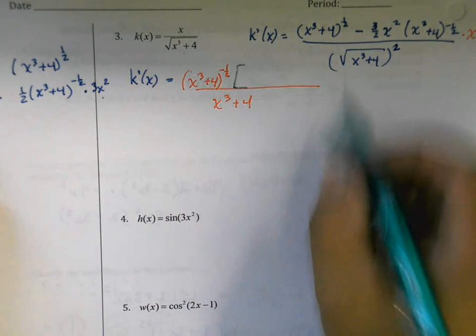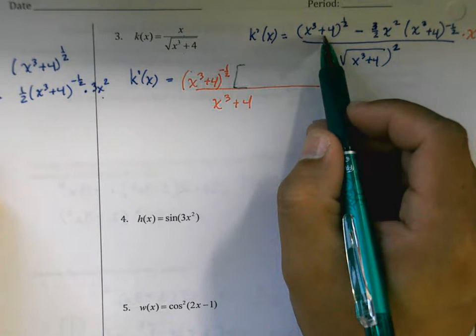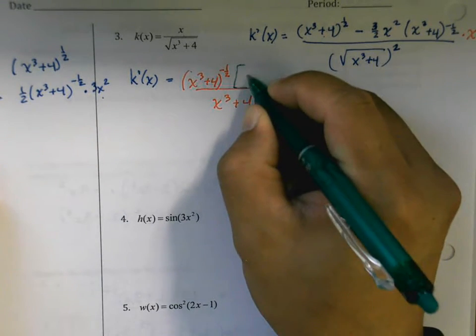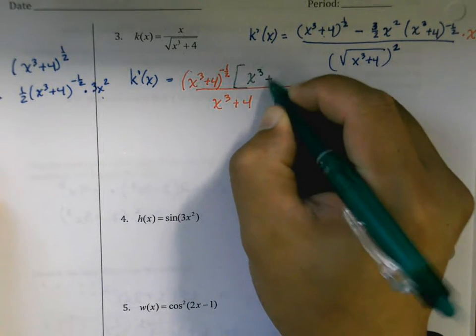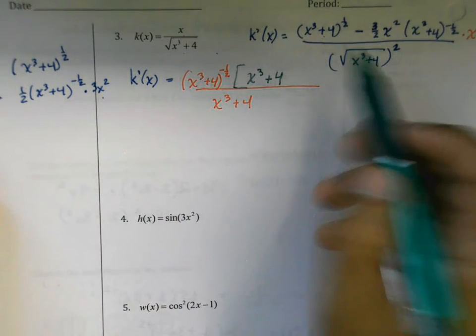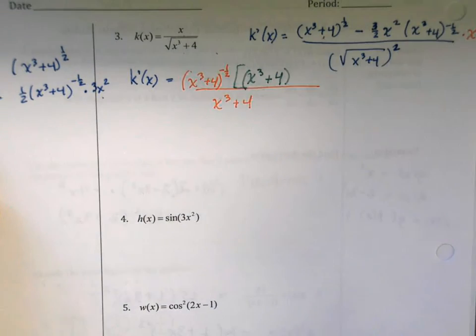If we pull that out, what we're left with here is, no, I'm sorry, this is not 1. This term right here just becomes x cubed plus 4.